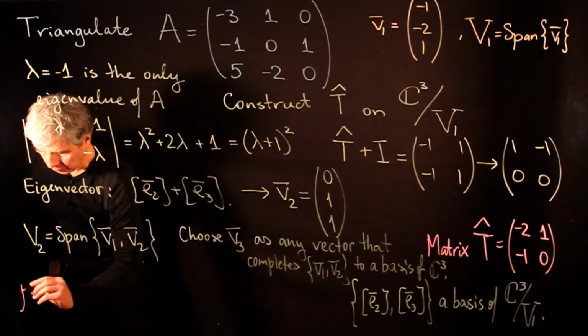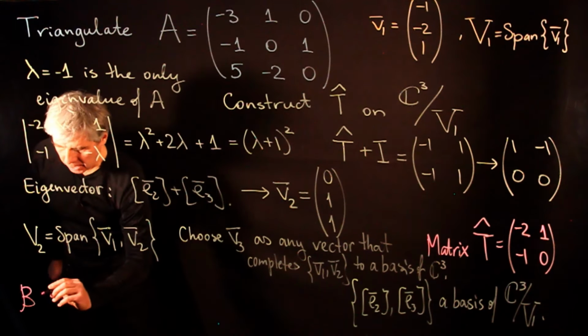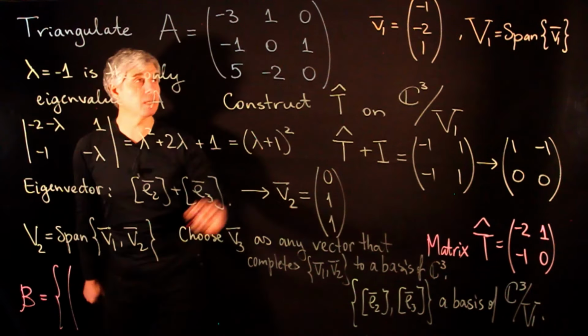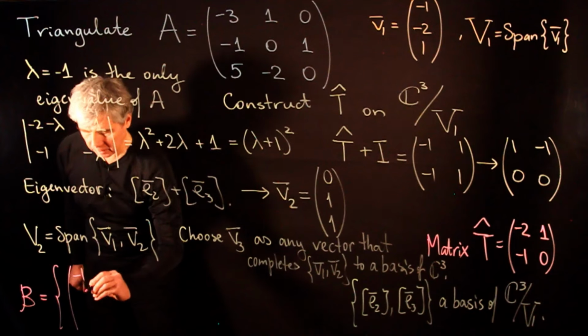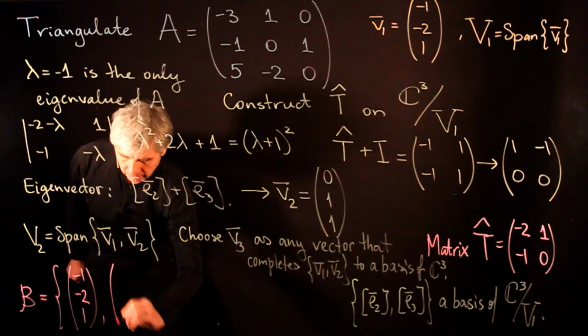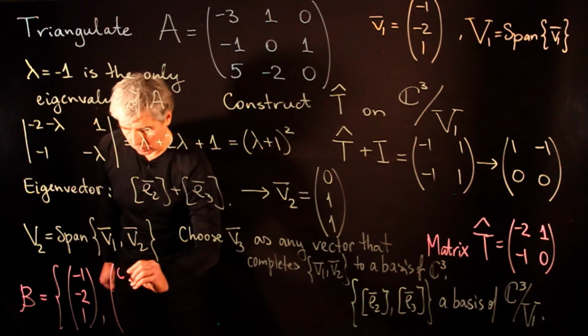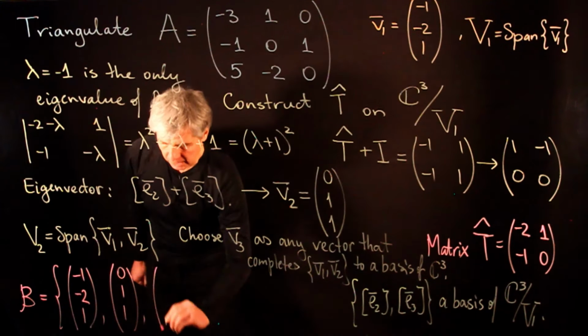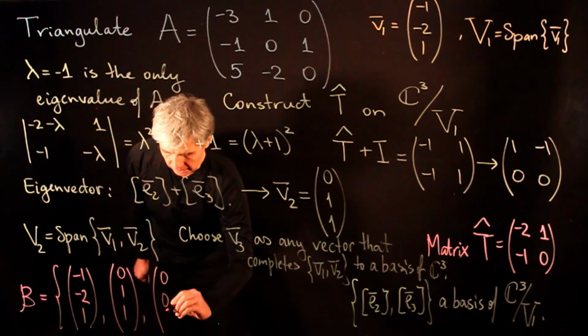And now we obtain the following basis of C3 in which our matrix will be triangulated. So we take V1 as the first basis vector, -1, -2, 1. As the second basis vector, we take 0, 1, 1. And as the third basis vector, we can take 0, 0, 1.